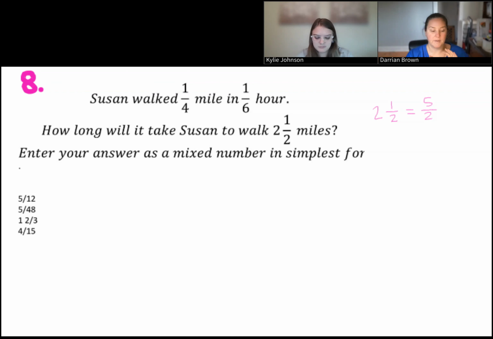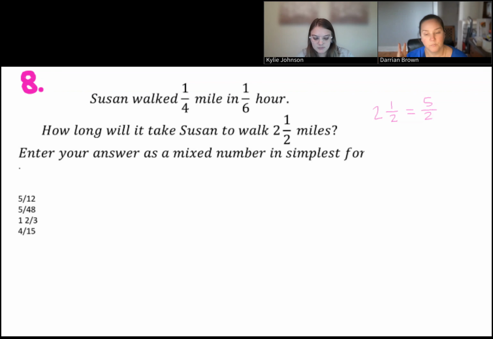Now, let's think about this for a second. It says she walked 1/4 of a mile in 1/6 of an hour. So we need to use those two numbers to create our first ratio. Now, when you're thinking about how far did she walk in 1 hour, that would mean you need the hours on the bottom of your ratio.